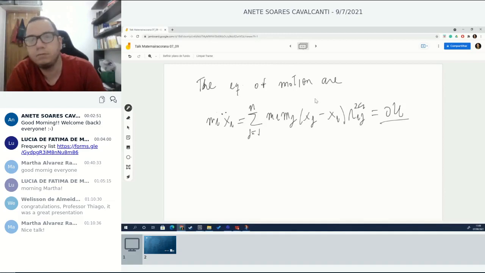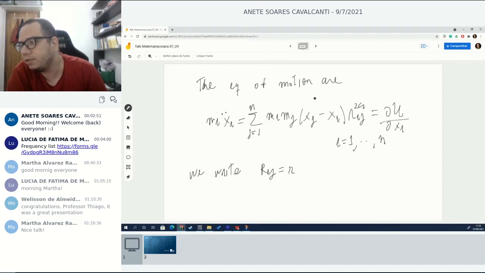This is equal to the derivative of the potential, for i equal to 1 to n. We write capital R_ij equal to r_ij up to 2a, and gamma_i equal to the sum of capital R_ij (x_j minus x_i).